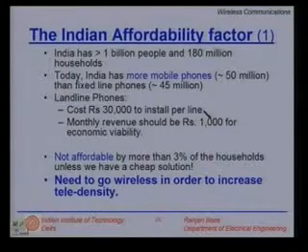In the next couple of slides, let's look at the Indian affordability factor from the perspective of telecom systems, especially wireless communication systems, because this will drive the growth in the Indian scenario.